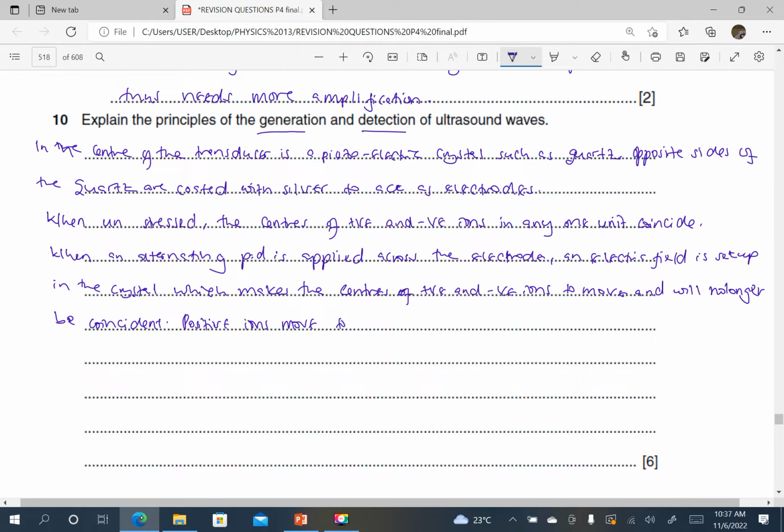The negative ions move towards the positive electrode.